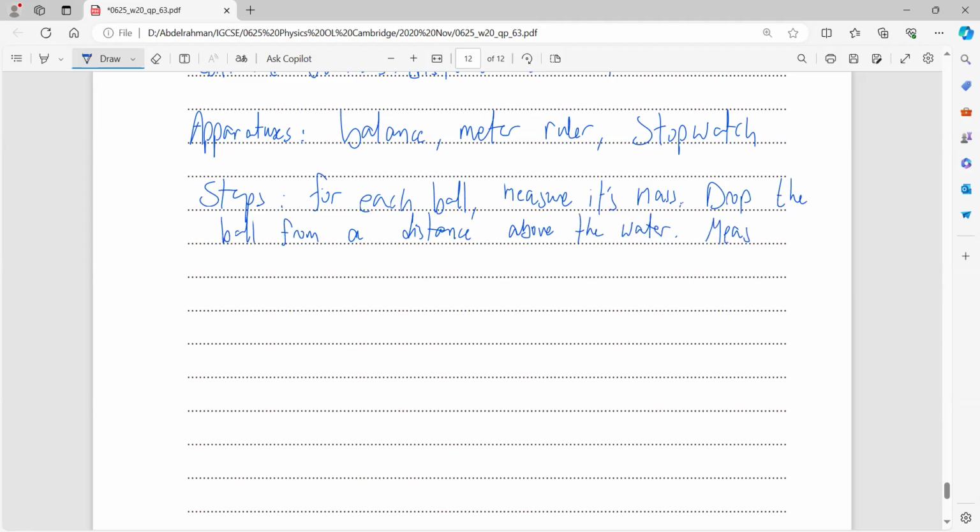Measure the time it took to reach the water, using the stopwatch.